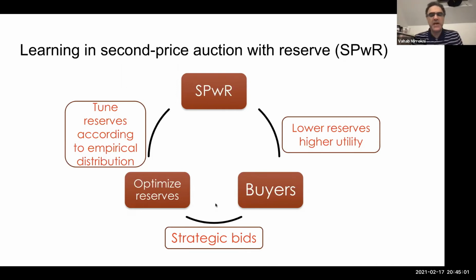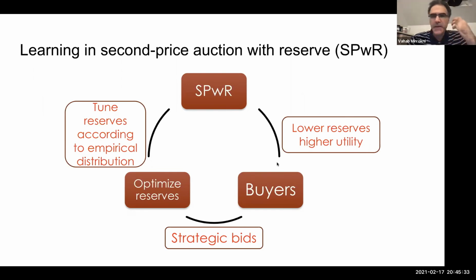buyers would observe that, and if their own data is used, for example, in determining the threshold, they have incentive to declare lower bids or change their bids in a way that the second price auction with reserve computes lower reserves, because the lower reserves may benefit them in the future.